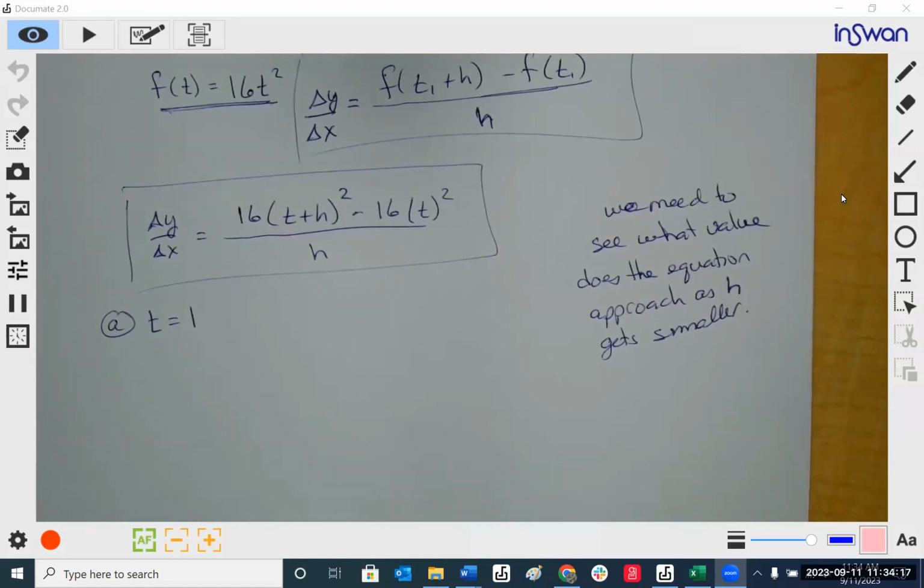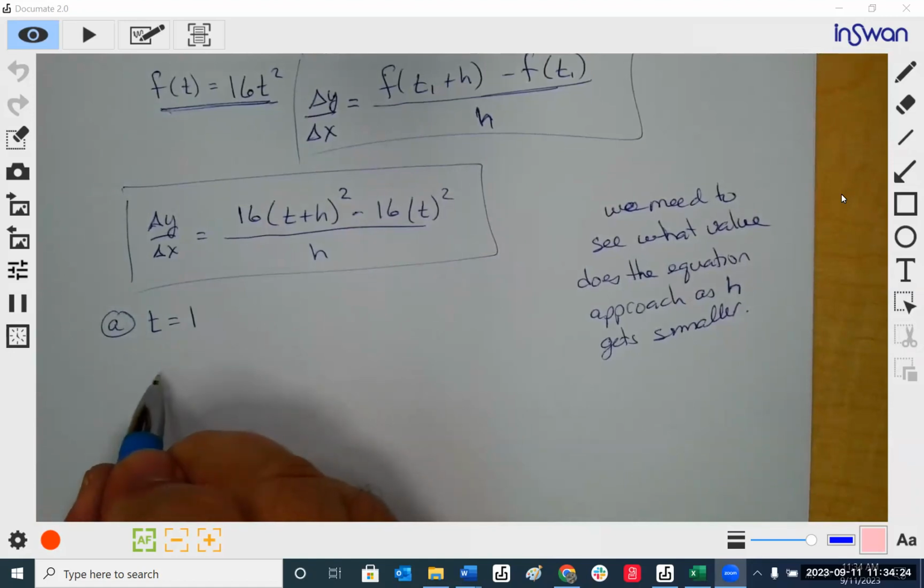Because remember, the whole thing about instantaneous is we have to approach a specific value. So let's look at the first one, when h is equal to 1.